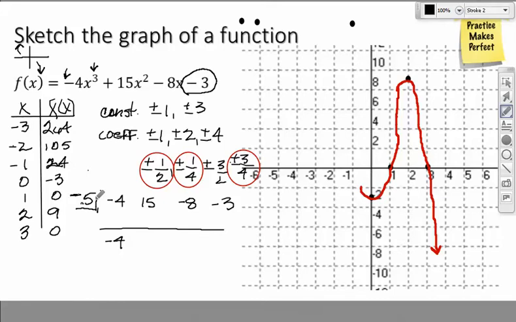So in my calculator, I'm going to say -0.5 multiplied by -4. That's going to give me a 2. I'm going to add that down to 17. Then I'm going to multiply 17 by -0.5. That gives me -8.5. There's a decimal there. It won't show up. Then I'm going to subtract 8 from that.